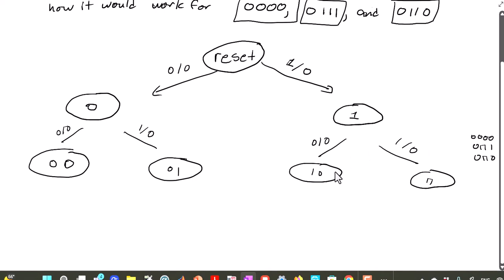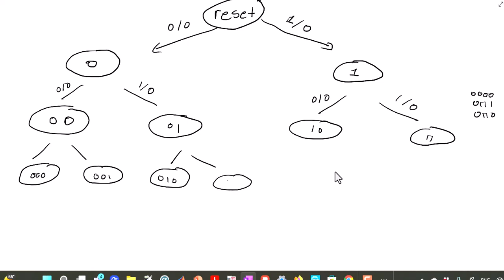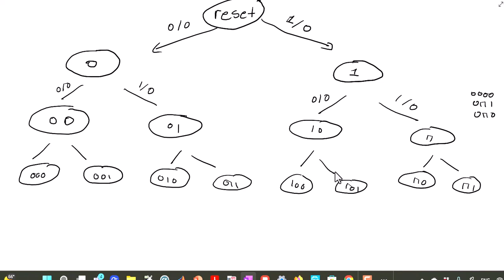Okay, now let's get to our third bit. Again, our output is going to be 0 on all of these. And I did 0 to the left and 1 to the right. So it'll be 0, 0, and 1, 0.